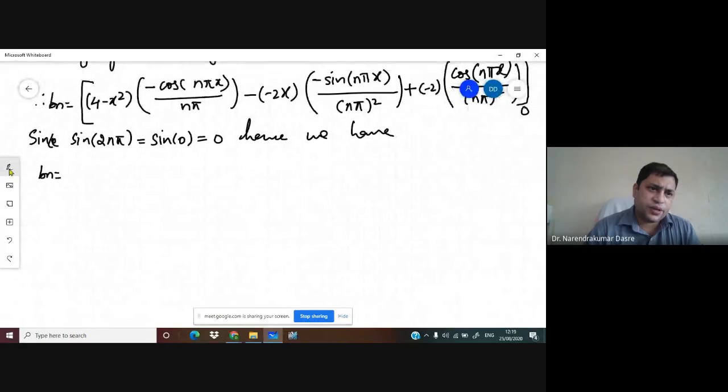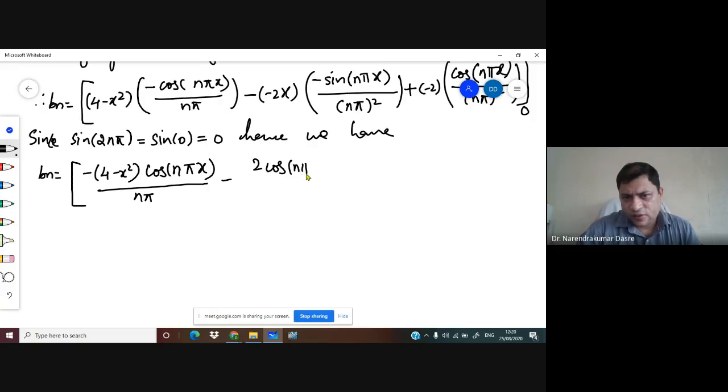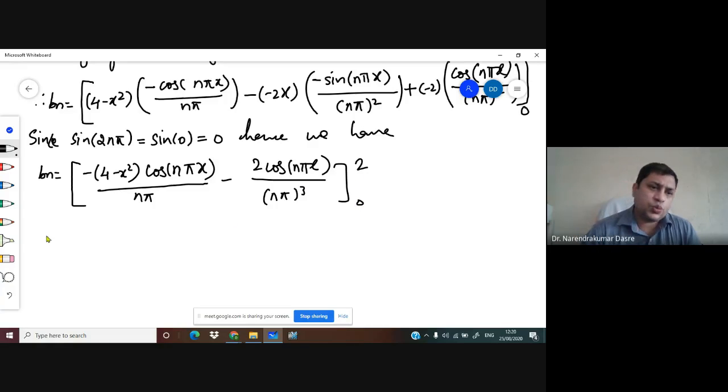So what Bn we are able to get here, this is minus (4 minus x square) cos of n pi x upon n pi, minus 2 cos of n pi x upon n pi cube, and the limit is 0 to 2. Apply the limit.